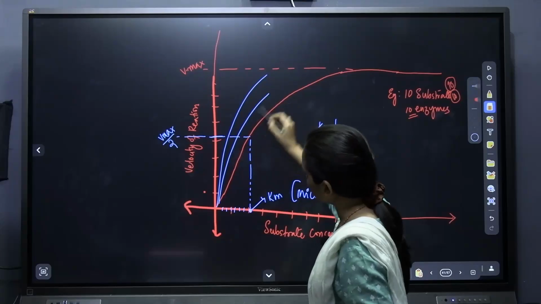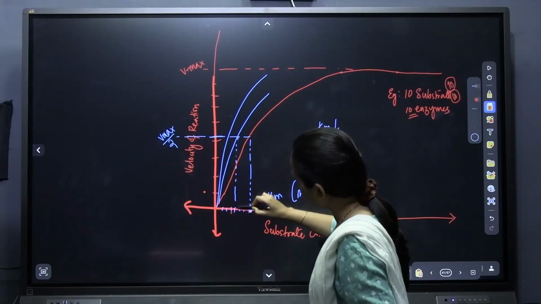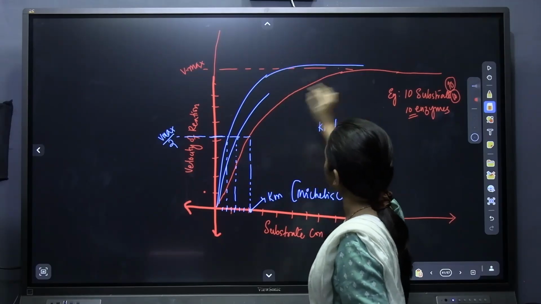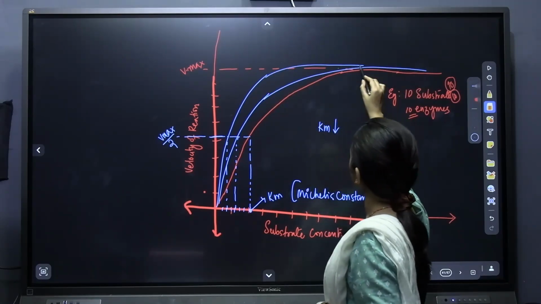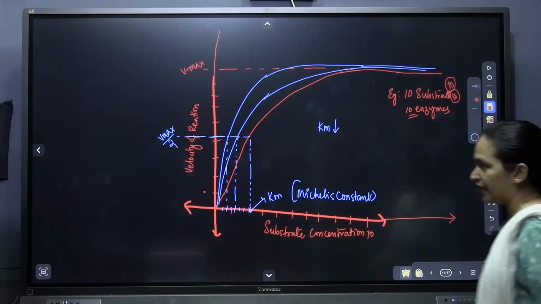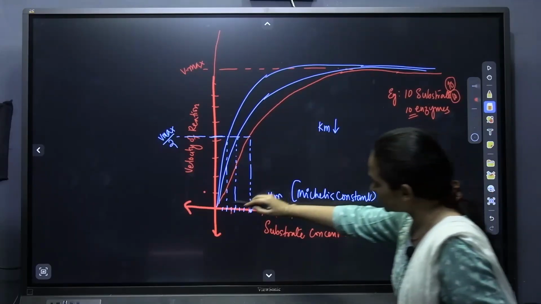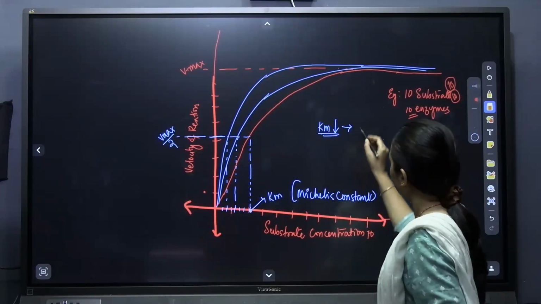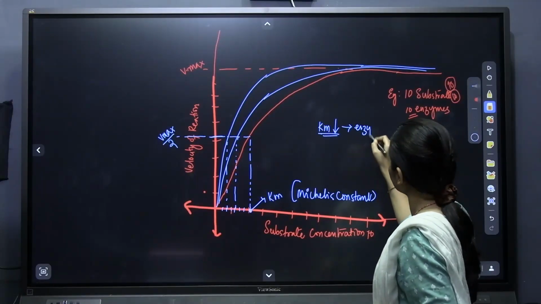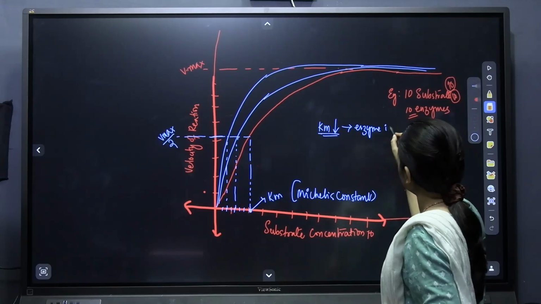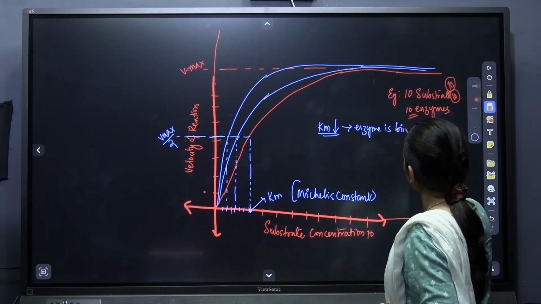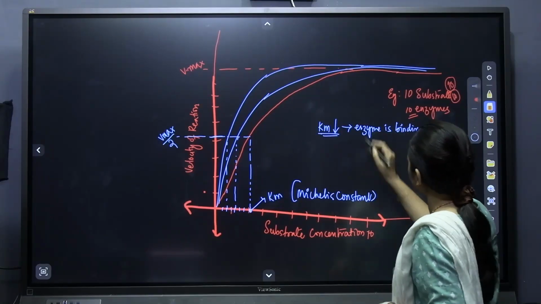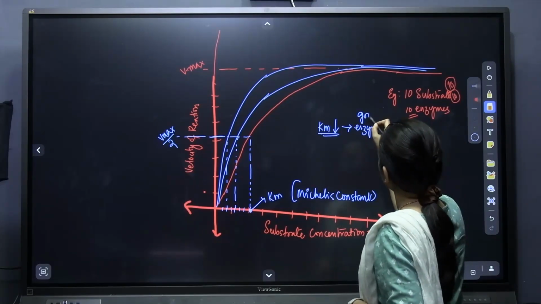So the graph would be like this, which means it is a good rate of reaction, like it is attaining a very steep rise. So if the Km decreases, the enzyme is binding well with the substrate, good enzyme substrate binding.